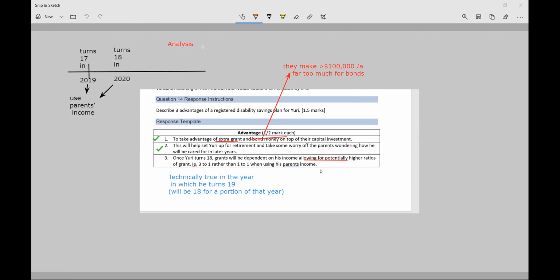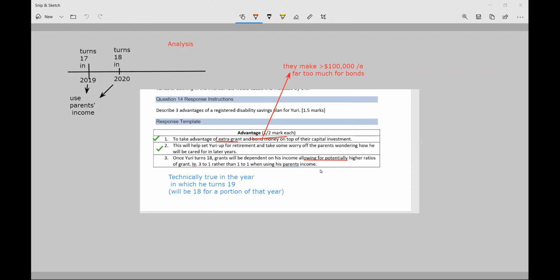And from the perspective of the Income Tax Act, this person is still 17 for a portion of that year, and that's why they're still considered a child. Now, that being said, when do they start to get TFSA room? Right, you get TFSA room on the first day that you hit 18.